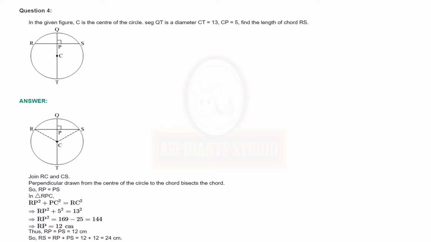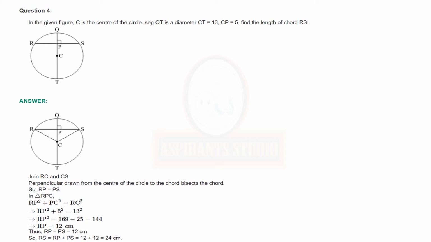Perpendicular drawn from the center of the circle to the chord bisects the chord. So RP is equal to PS. In the right angle triangle RPC, by Pythagoras theorem, we have hypotenuse square is equal to one side square plus other side square. So RP square plus 5 square is equal to 13 square.